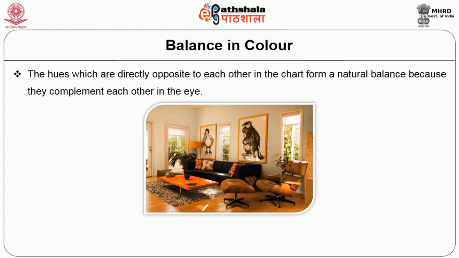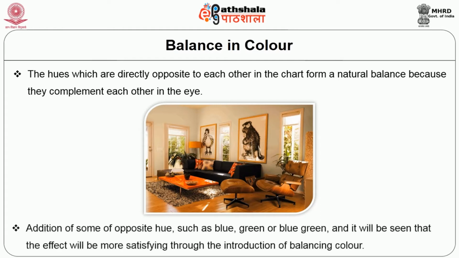Unless there is a cleverly balanced distribution of light and dark areas, the room might become monotonous. Add some of the opposite hue such as blue, green or blue-green, and it will be seen that the effect will be more satisfying through the introduction of balancing color.